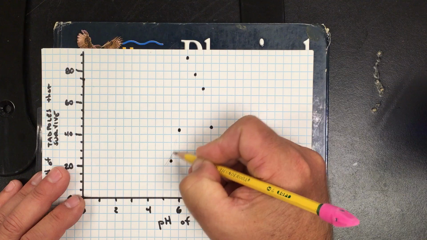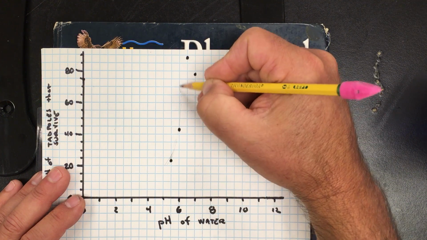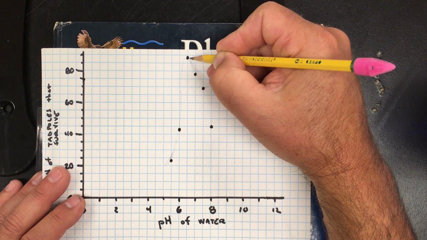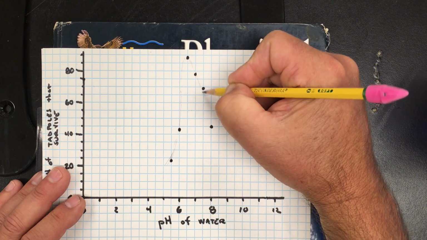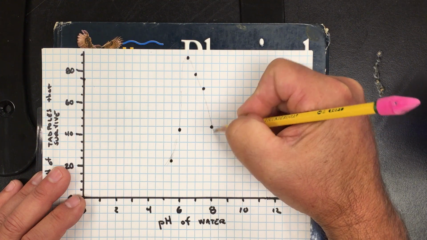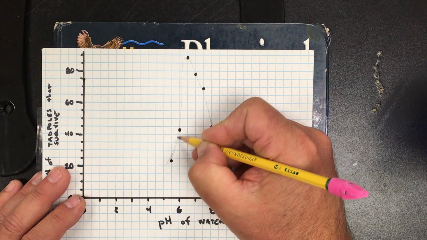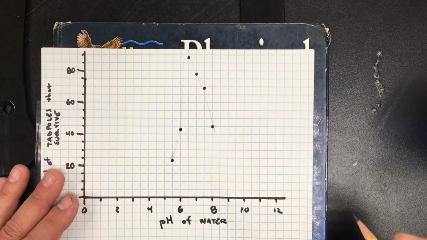So just kind of like this, real lightly, until I have something that visually looks really smooth to my eye with no really bumps or wiggles on it. And these points don't necessarily have to be right on the line because it's just a best fit line. It's just summarizing the pattern.